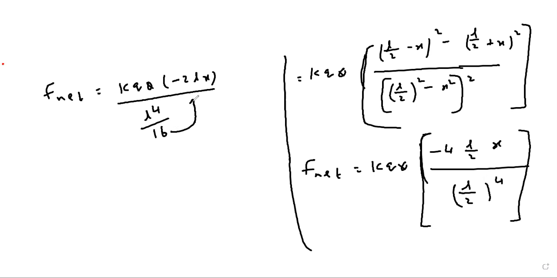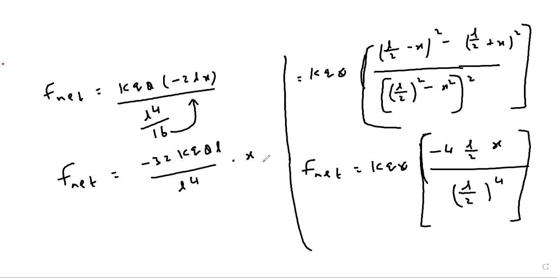Now this 16 moves up, therefore you get F net is equal to minus 32 KQQL by L to the power 4 into X.